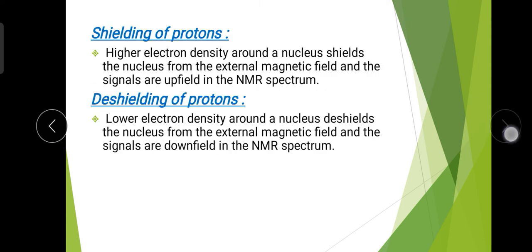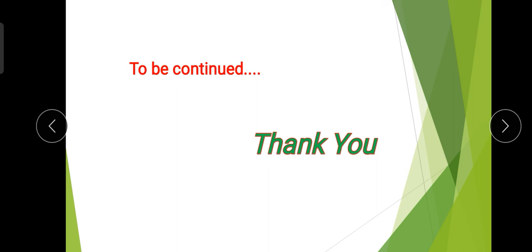Up to this point we have covered the basic principle of NMR spectroscopy, its working, and how we get the spectra from the NMR spectrometer. We have studied the different parts of the NMR spectrometer and how we get the NMR spectra. But in NMR spectra, the chemical shift is a very important parameter.